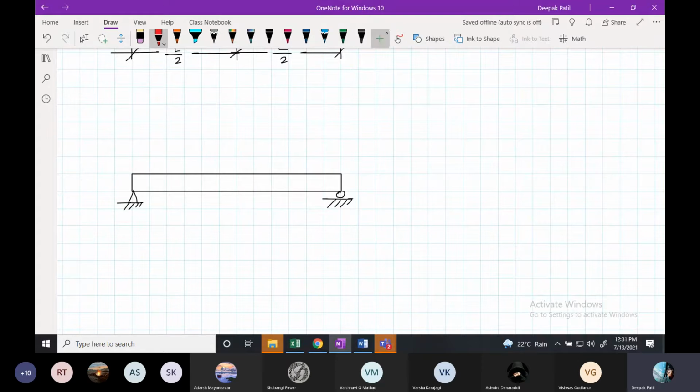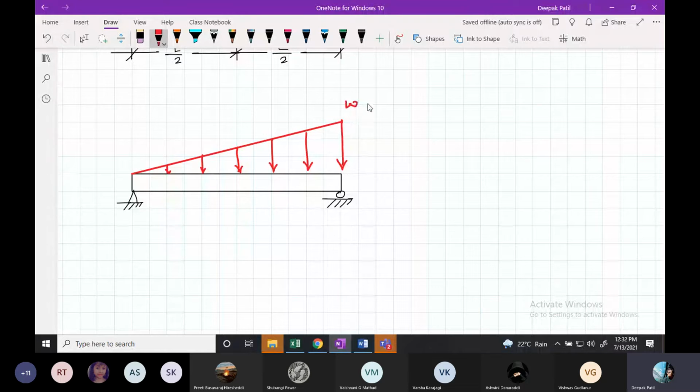Let that be subjected to a uniformly varying load, as I told you. Let this also have an intensity of W kilonewton per meter, and let the span of this beam be L.